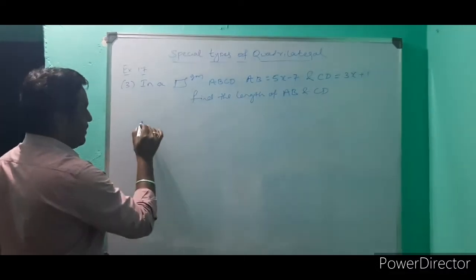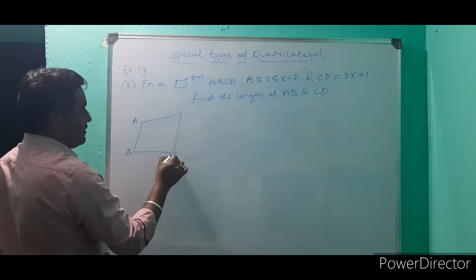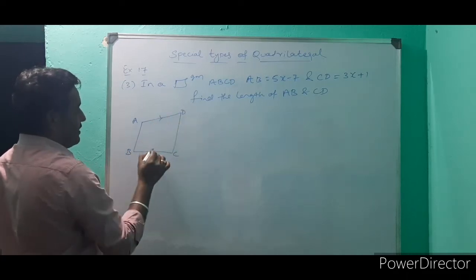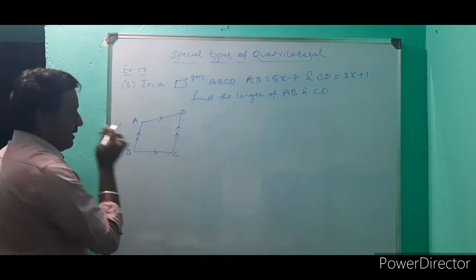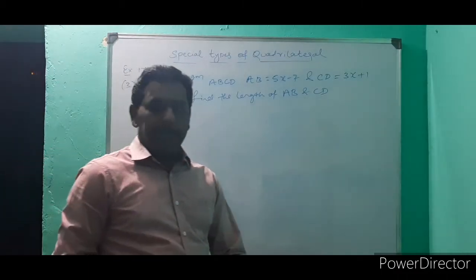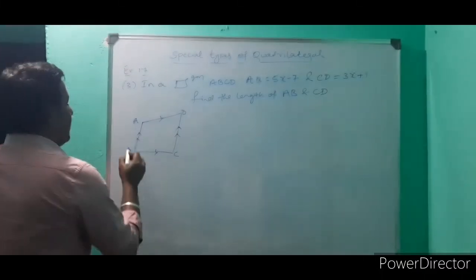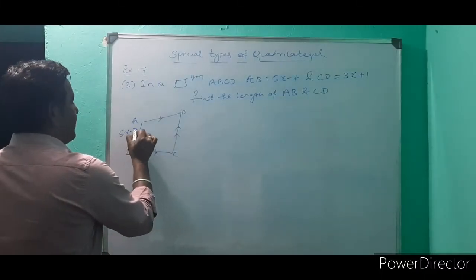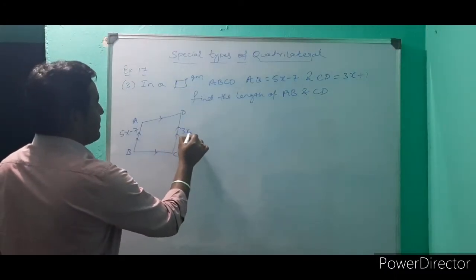So look at here. Consider parallelogram ABCD. These two are parallel lines, and these two are parallel lines. We know that one of the properties is that opposite pairs of sides are parallel and equal. Here the AB length is given as 5x minus 7, and CD is 3x plus 1.